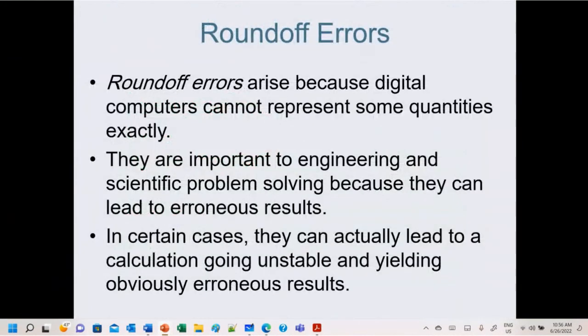We go to the next topic, which is about round-off errors. Numerical methods have been present for a long time, but people were not using them because they take a lot of time and calculations, and a lot of effort has to be put into it.